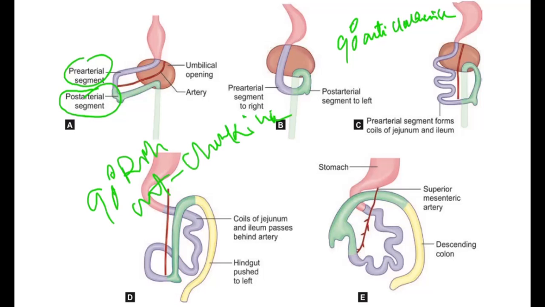At first it lies as sagittal, okay. That means in an anterior or posterior aspect. After that it rotates 90 degrees anti-clockwise and lies as horizontal, right? And then it forms many loops, okay, ileojejunum. And what happens then is at the 10th week it regresses into the abdomen again, okay.